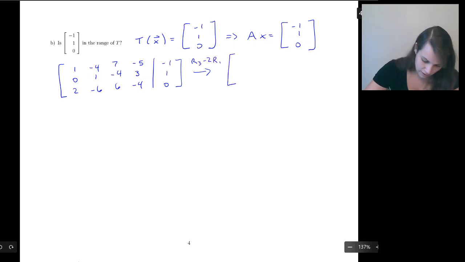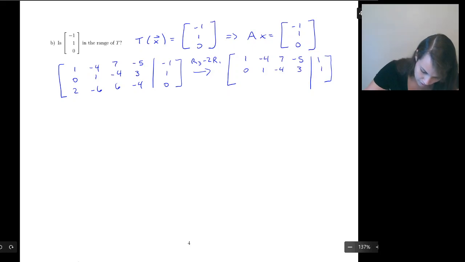Again, that's going to be 1, negative 4, 7, negative 5, 1, because row 1 stays the same. 0, 1, negative 4, 3, 1, because row 2 also stays the same. And we are left with a changed row 3, which is going to be 0, 2, negative 8, 6, 2.